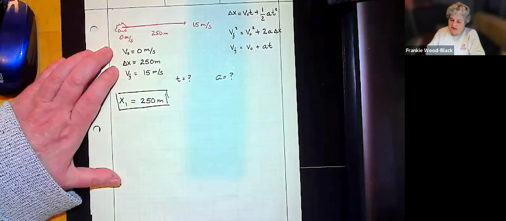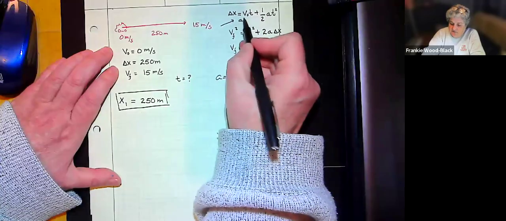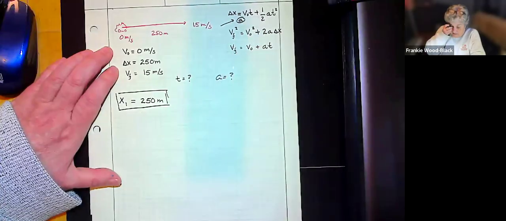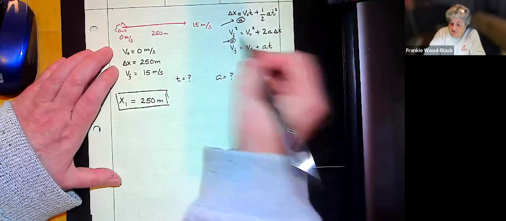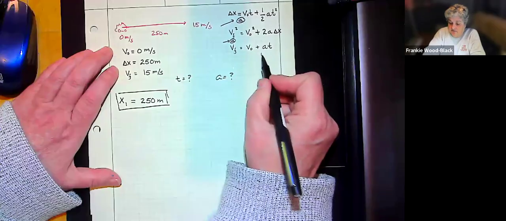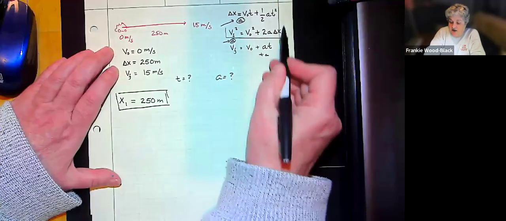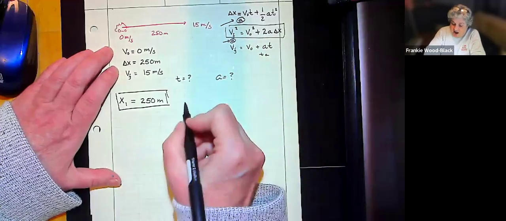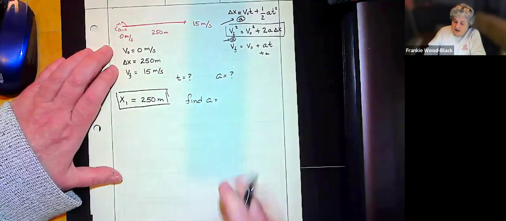Well, this equation requires acceleration. This one will give me acceleration. And this one requires time and acceleration. So I'm going to use this equation to find acceleration. So we can do that.